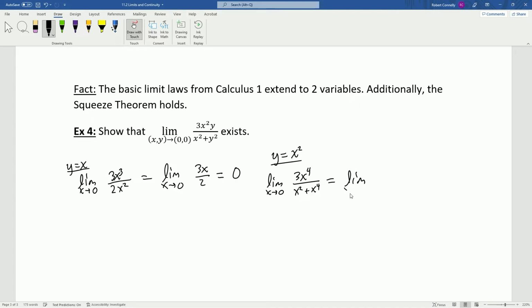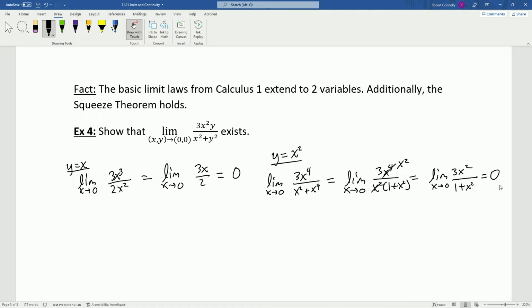So that's the limit as x goes to 0 of 3x to the 4th over x squared times 1 plus x squared. That gives me x squared up on top, so this is the limit as x goes to 0 of 3x squared over 1 plus x squared. That's 0 divided by 1, which is 0. So those limits are both 0.